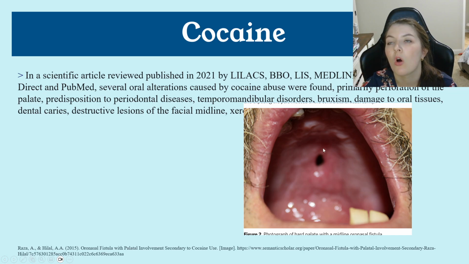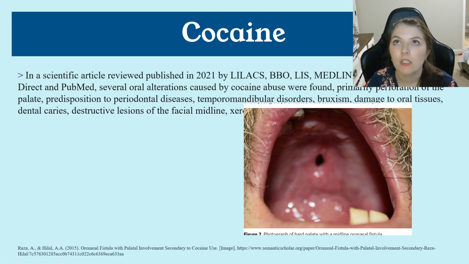A fistula is a hole. Oro meaning mouth and nasal meaning nasal cavity. So there is a hole going straight through this patient's mouth right up into their nasal cavity, and this happens when people snort or use cocaine.